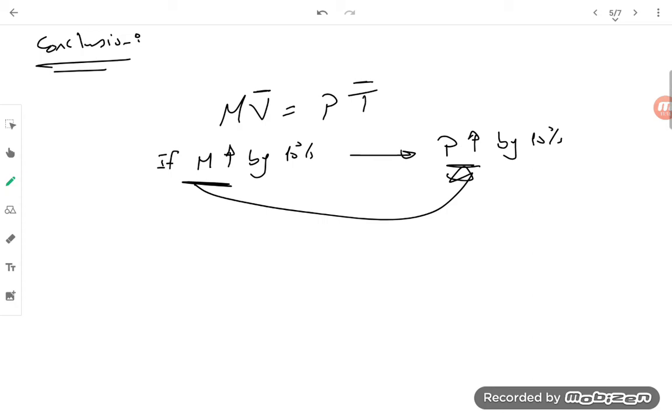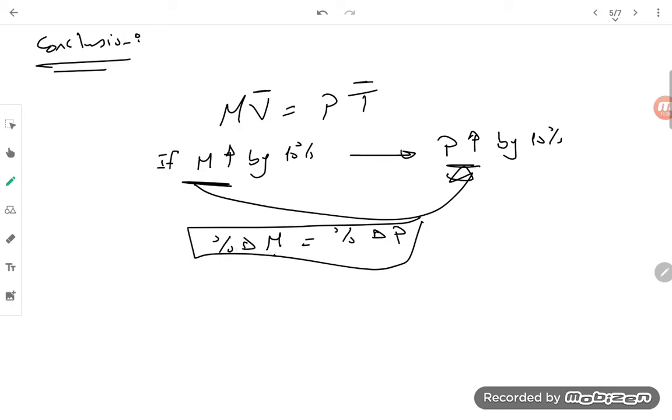So we can write the equation as percentage change in money supply equals percentage change in price. As we said, if the government increases money supply by 10%, prices will increase by the same percentage. So this is the equation.